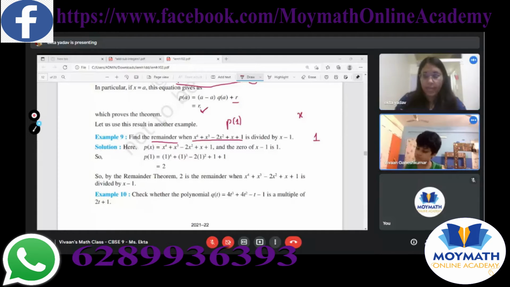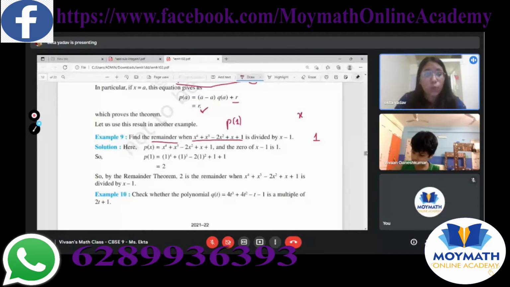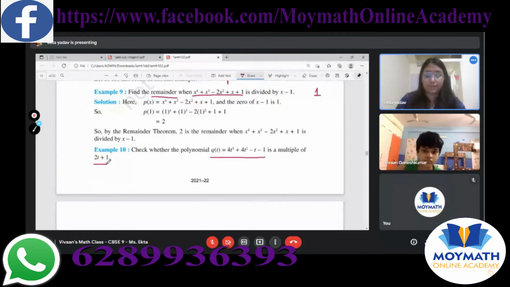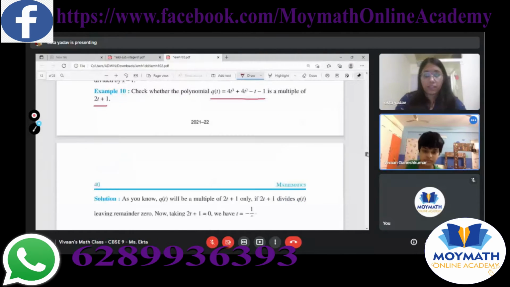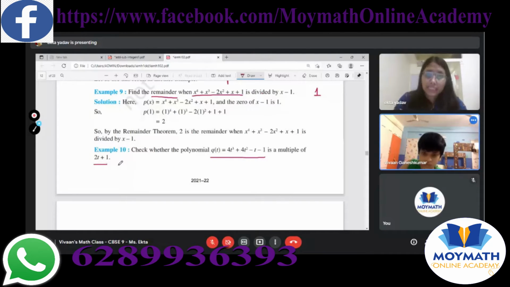Next is example number 10. It says check whether the polynomial q(t) is a multiple of 2t plus 1. In this case, we need to find if this is a multiple of 2t plus 1.